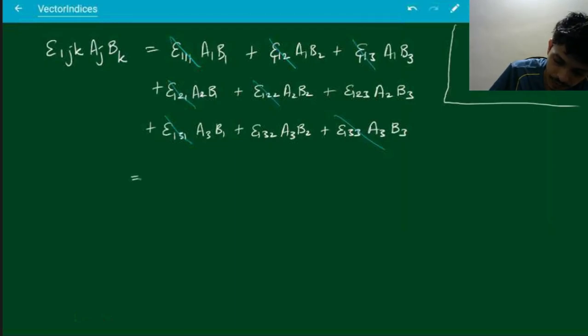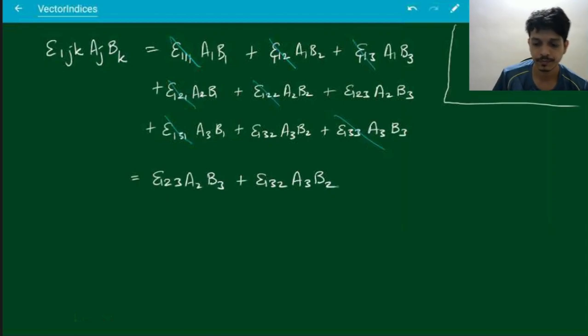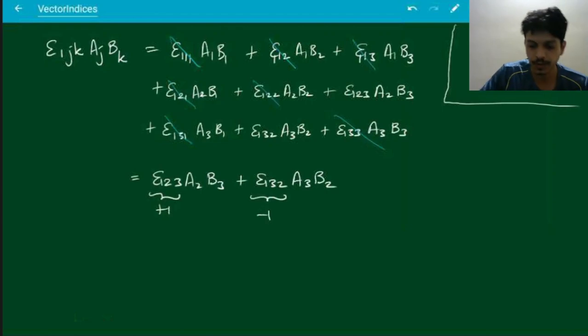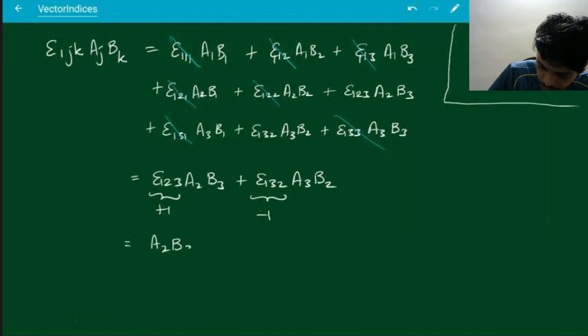What I am left with is epsilon 1, 2, 3 a2 b3 plus epsilon 1, 3, 2 a3 b2. Now epsilon 1, 2, 3 is plus 1, epsilon 1, 3, 2 is minus 1. So this becomes a2 b3 minus a3 b2.